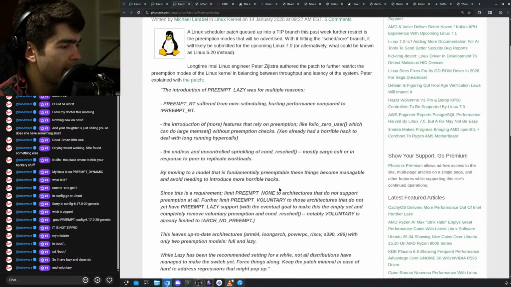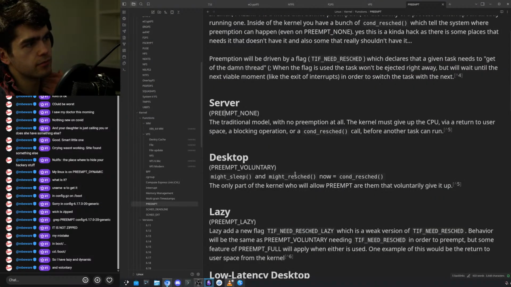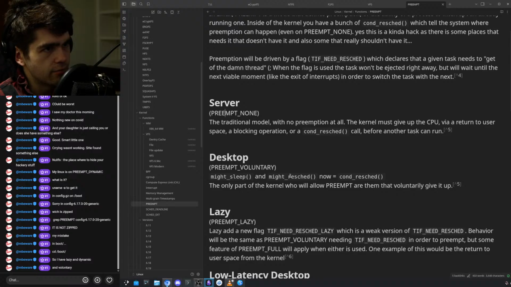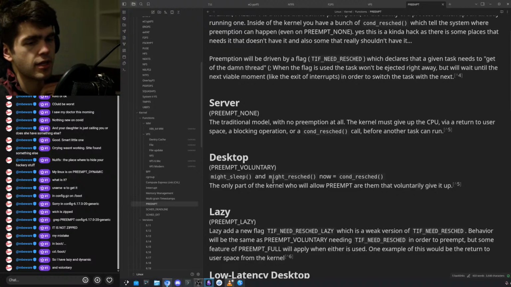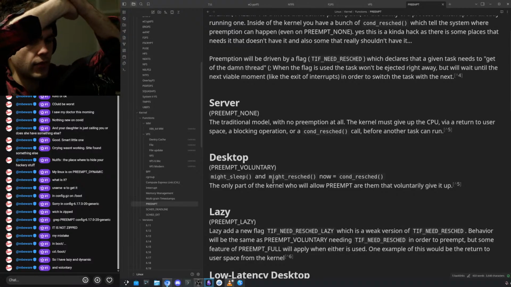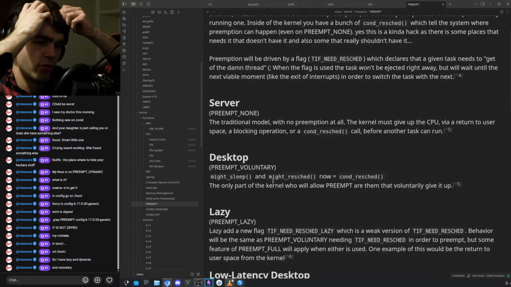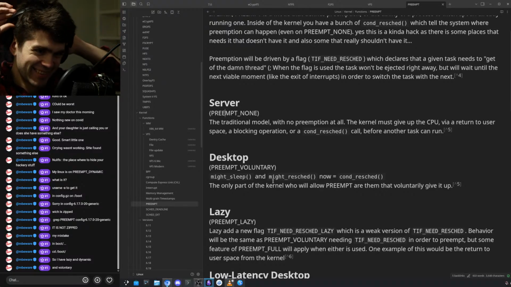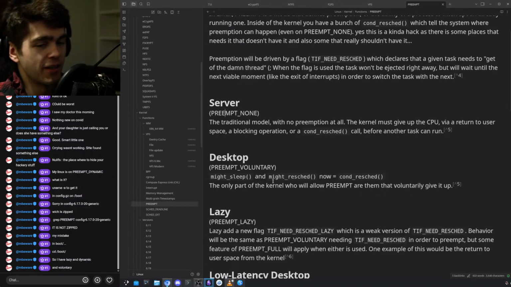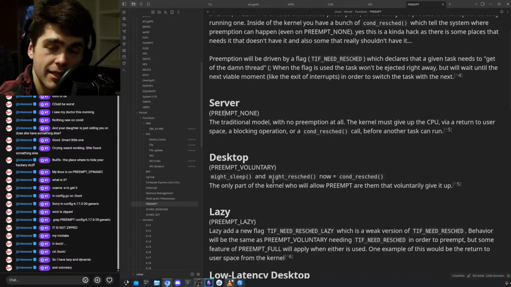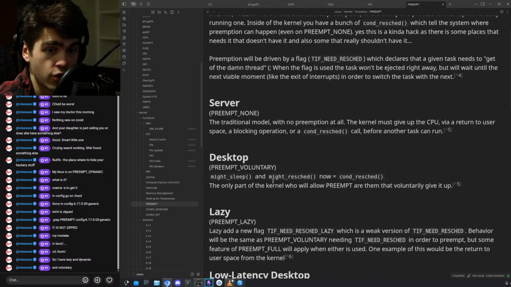Where was I? Oh yeah, I was talking about the downsides. Downside number one, which is important, we need to listen up. Surprisingly enough, not all architectures have preemption.